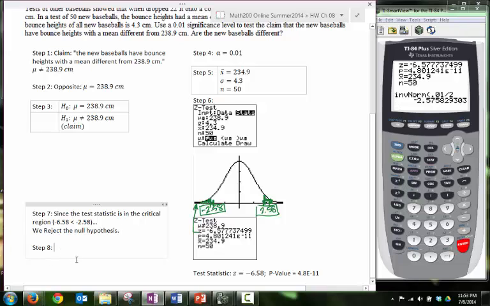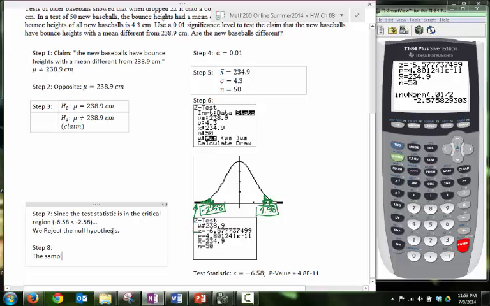So in rejecting the null hypothesis, we come up with a table, and the table that we have will run us through a flow chart, and it's going to ask us if the original claim has a condition of equality, and we say no, and then it's going to ask us if we rejected the null hypothesis, and we say yes.